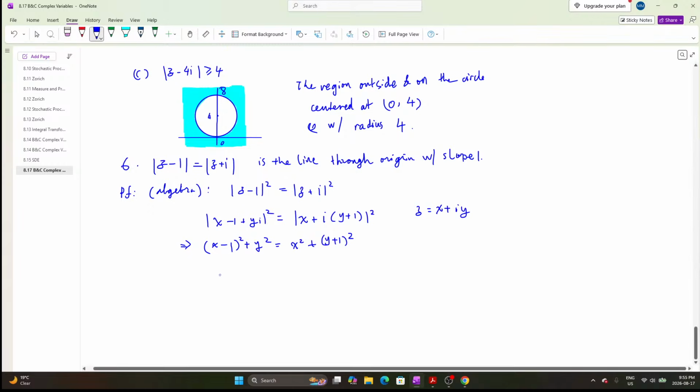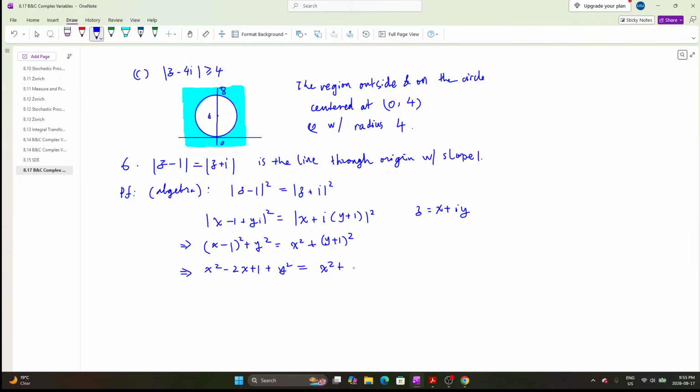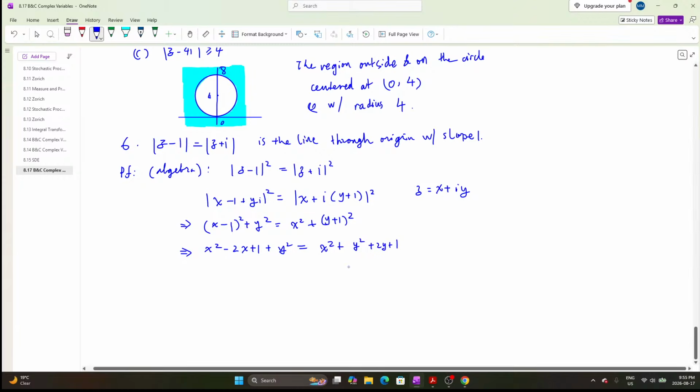Okay, and now we can expand the square, so this is x squared minus 2x plus 1 plus y squared, which equals x squared plus y squared plus 2y plus 1. Okay, and you have x squared cancel, y squared cancel.